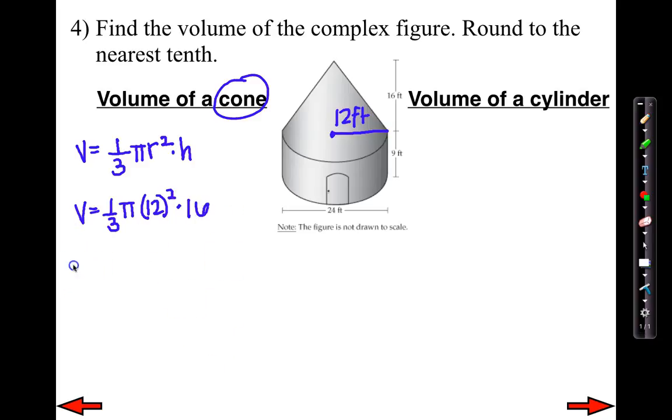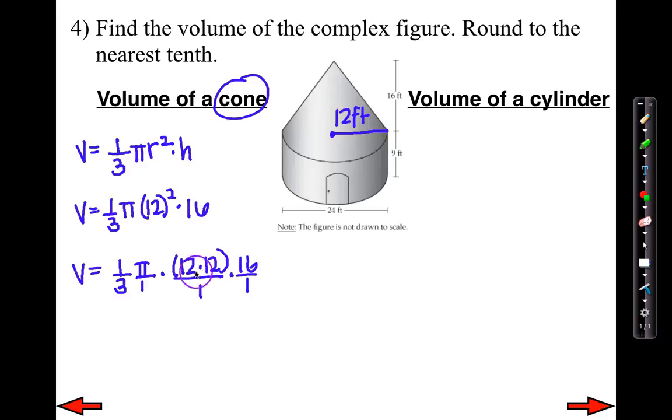So now let's go ahead and expand this out, and the main reason why we're doing that is just to check to see if we can cross cancel. I'm going to go ahead and put pi over 1. And the reason why I'm showing you this is some students tend to put pi in the denominator, which is wrong, so be very careful. I'm going to write 12 squared out as an extended product and put that over 1 as well, and times 16 over 1.